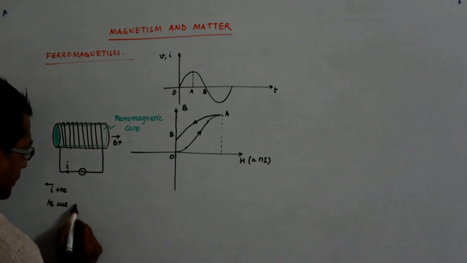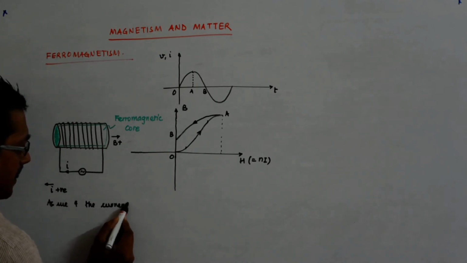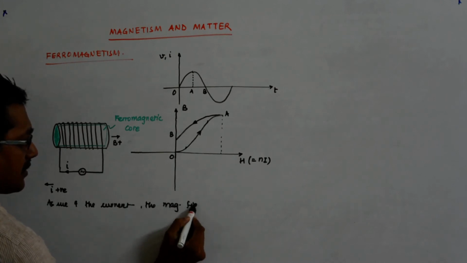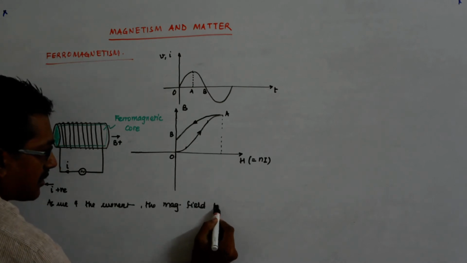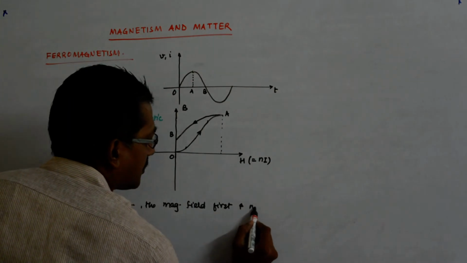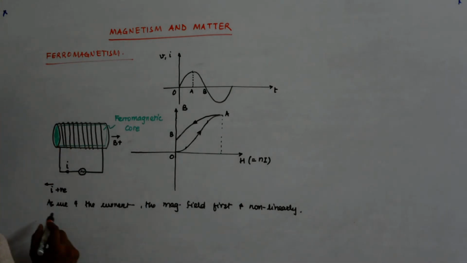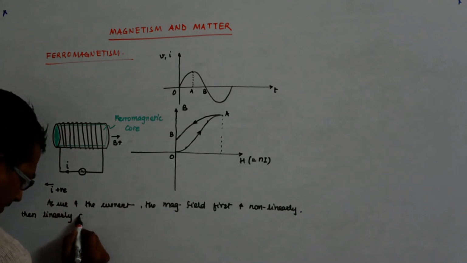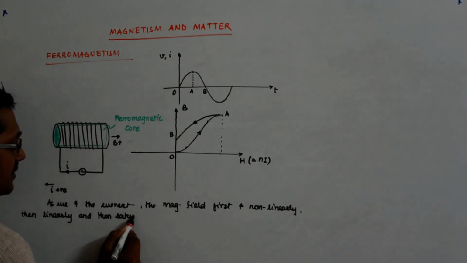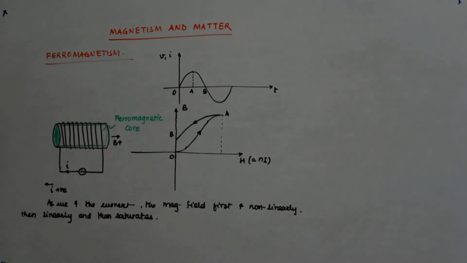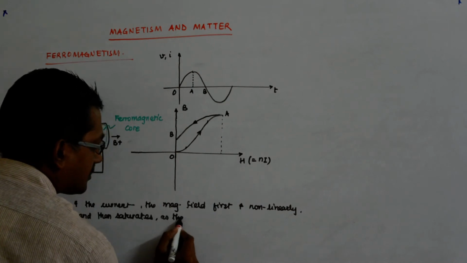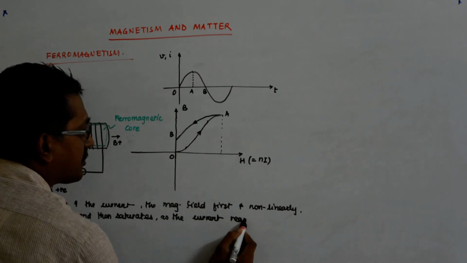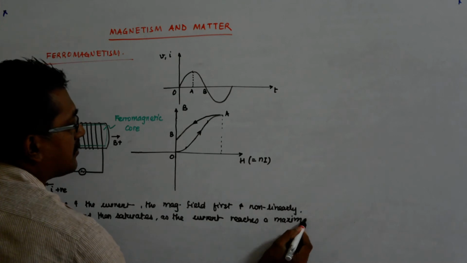So, as we increase the current, the magnetic field first increases non-linearly, then linearly, and then saturates, as the current reaches a maxima.